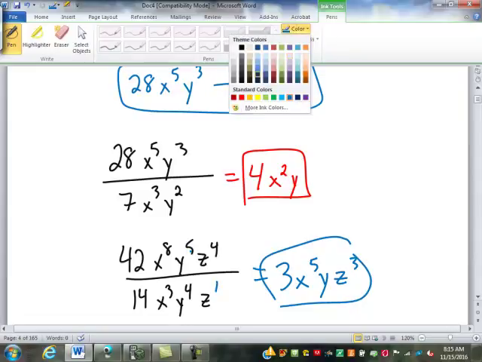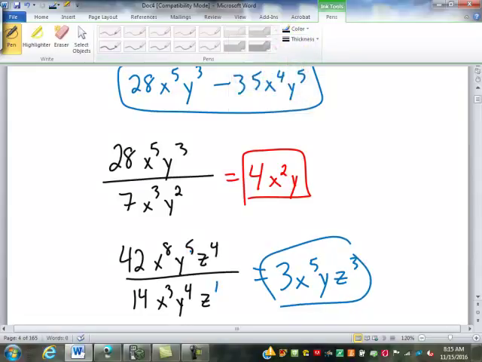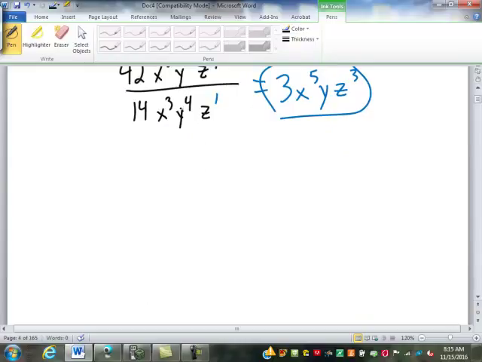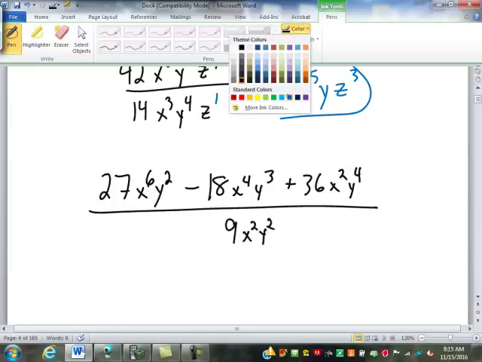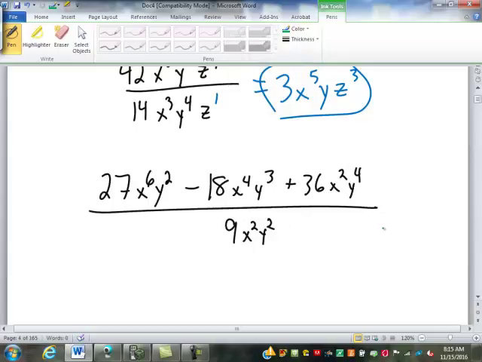Just like we could distribute with multiplication, we can distribute with division. If I have 27 x to the 6th y squared minus 18 x to the 4th y to the 3rd plus 36 x squared y to the 4th divided by 9 x squared y squared, I can divide each term separately.